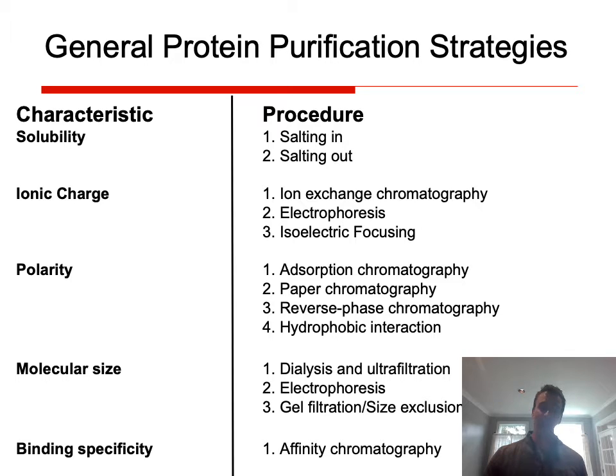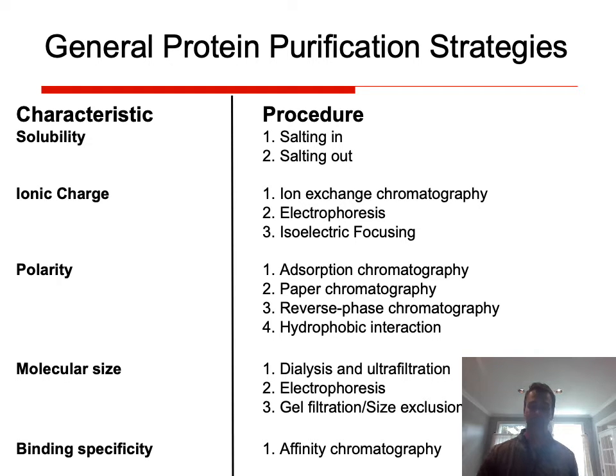Last lecture I talked about the charges of amino acids, and you can use something called ion exchange chromatography, where you use either positively charged or negatively charged resins to bind to your protein of interest. Electrophoresis is a technique where you can separate proteins, and I'll talk about that.